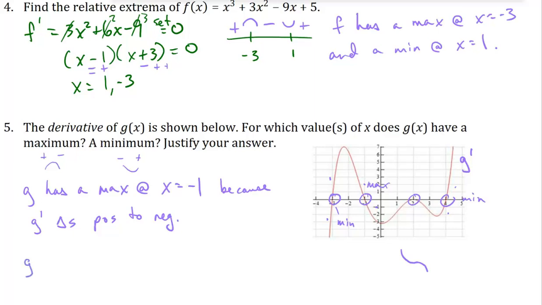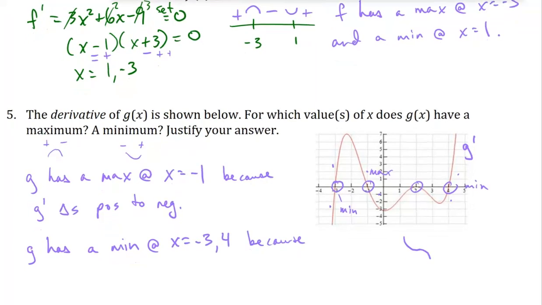And then I'm going to say G has a min at x equals negative 3 and 4 because G prime changes negative to positive. Now, that is perfect. That is complete for our question.